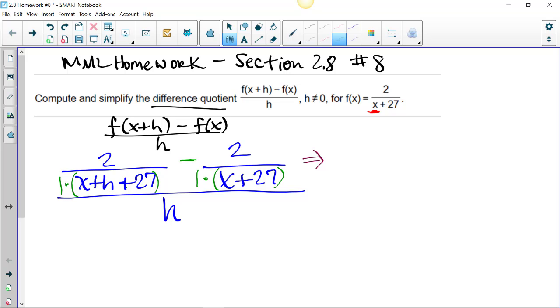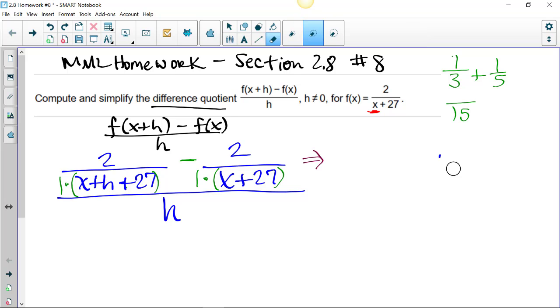So the least common denominator is the product of those two factors. It's like getting a common denominator for 1/3 and 1/5. 3 and 5 do not have any common factors, so my common denominator is the product of those two, 15.